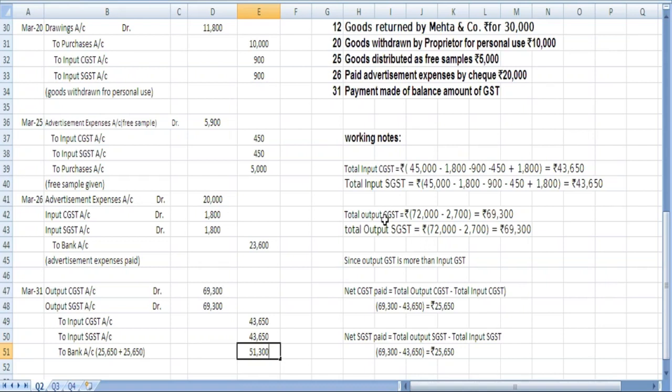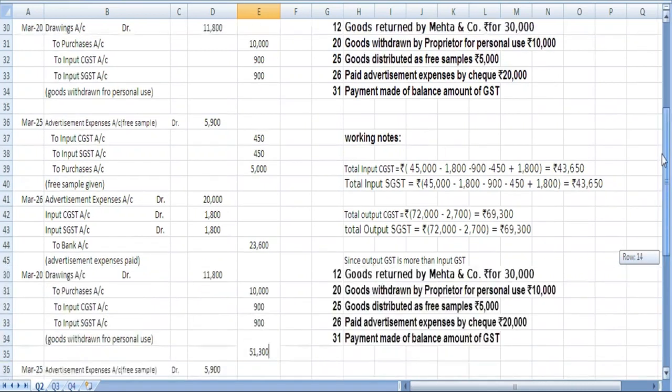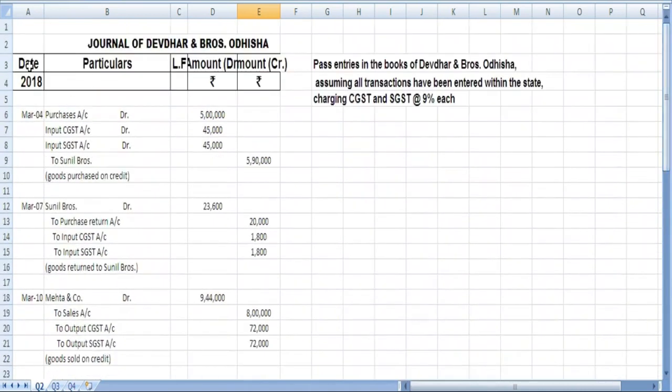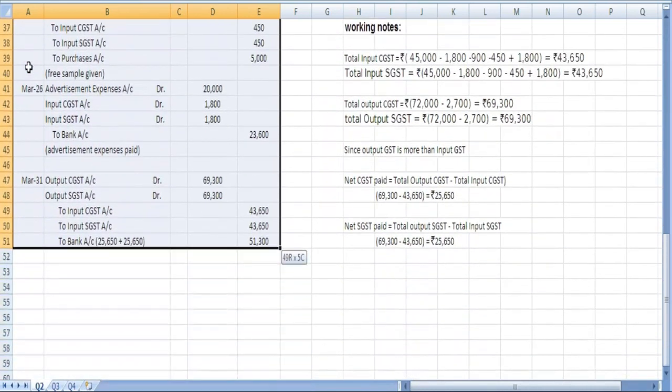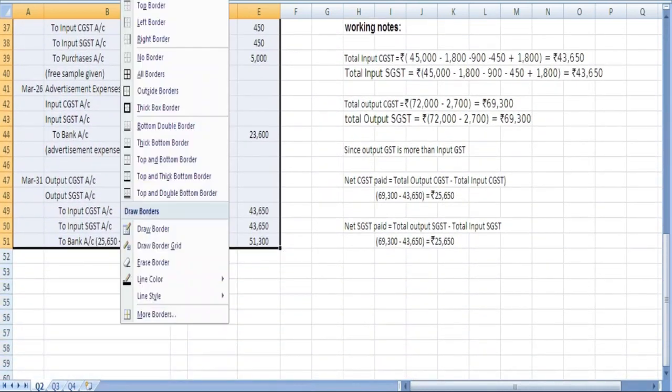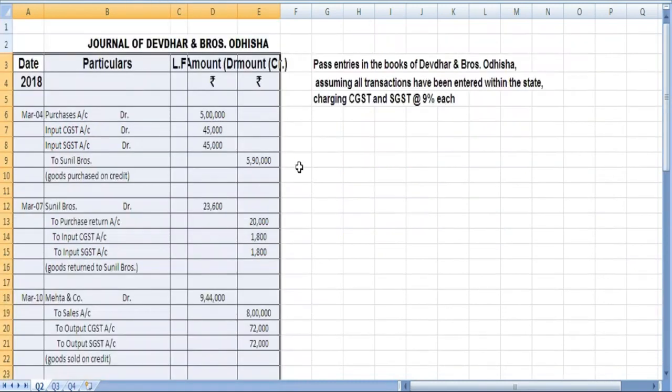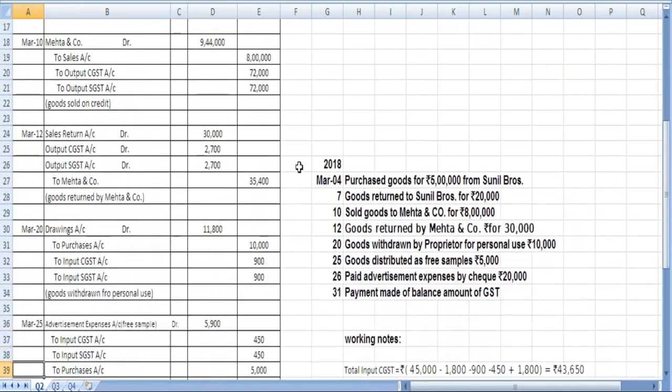Whenever the output is more, we will have to pay the balance amount. So here the balance amount is coming as 51,300, half of which will go to the central government and half of which will go to the state government. Now let us make this look a little better. Here we have all borders, and then we'll total both these sides.